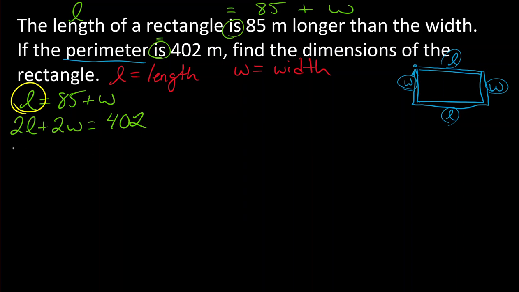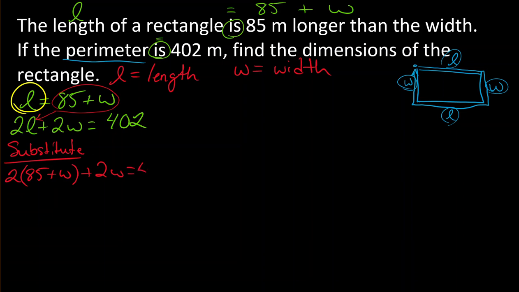First thing, we have to substitute. So let's substitute the 85 plus W into the L, because that's what L actually is. 85 plus W plus 2W equals 402. First thing I should recognize is, have we gotten rid of one of our variables?